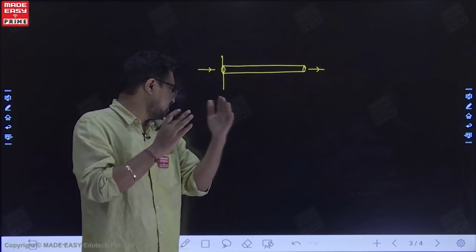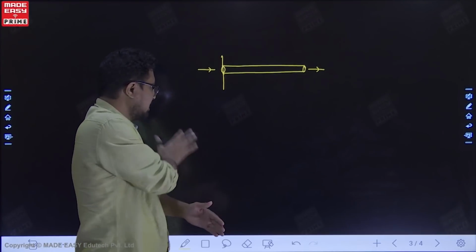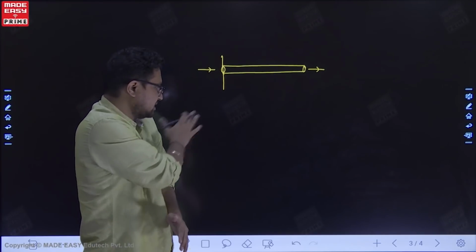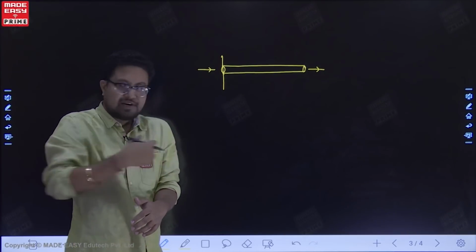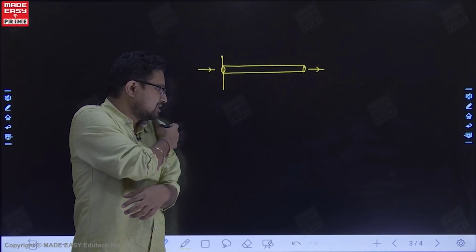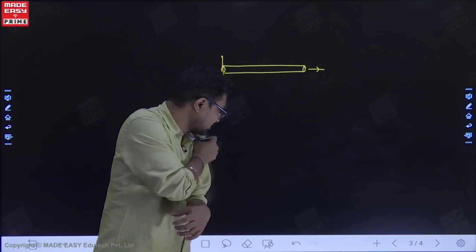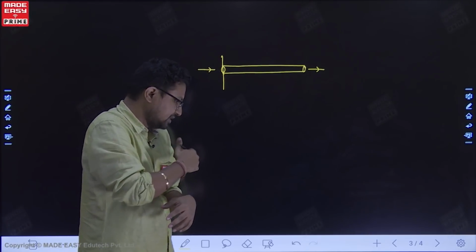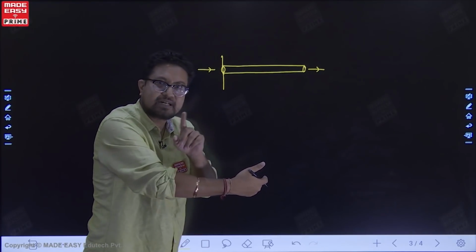But suppose there is a wall and there is high friction resistance in this wall, and I am in contact with this wall. Now if somebody is pushing me, some of the force will be utilized to overcome this friction. So the force which I will transfer to the person ahead of me will not be that force.